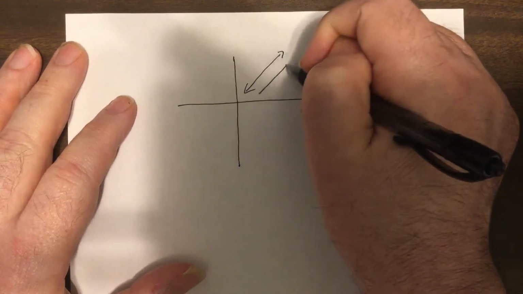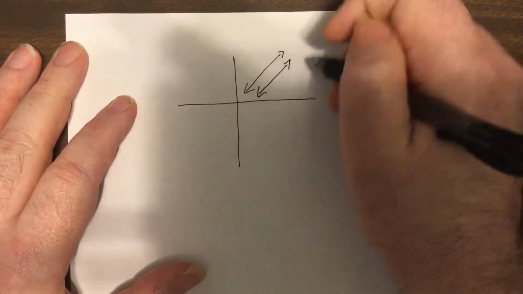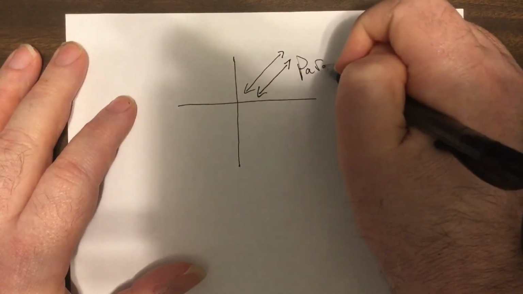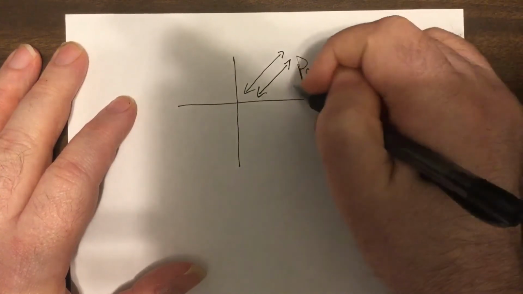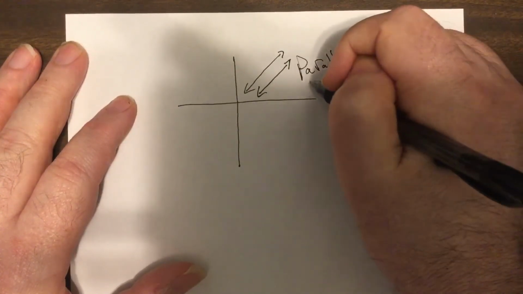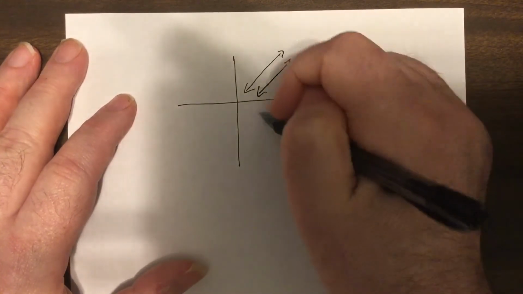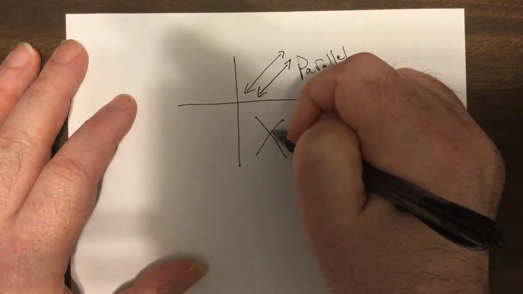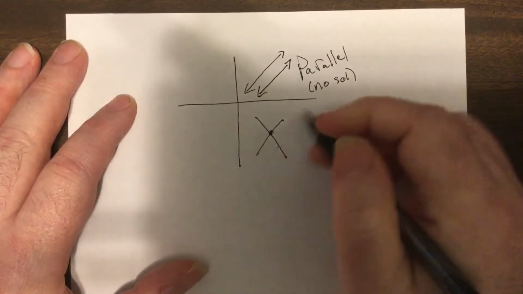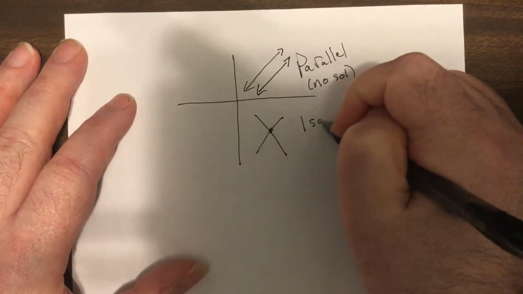So if I had two lines that don't intersect, that's parallel, and there's no points in common, so it'd be no solution. If I have an intersection, it has one point in common, so it'd be one solution.